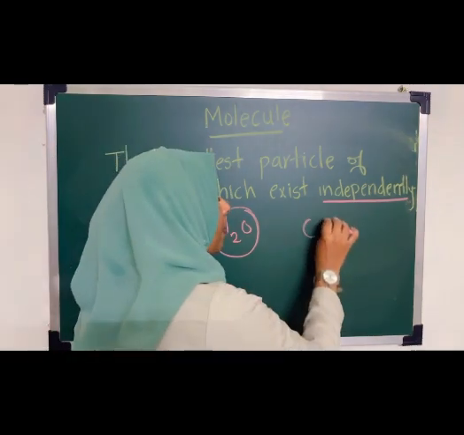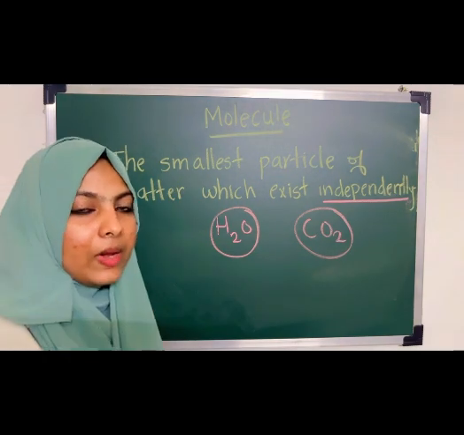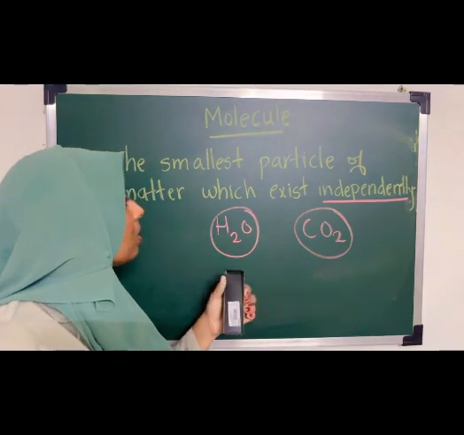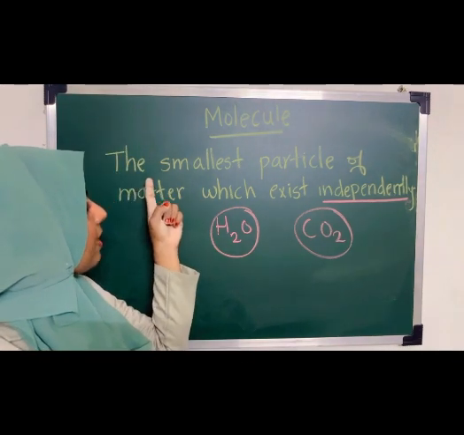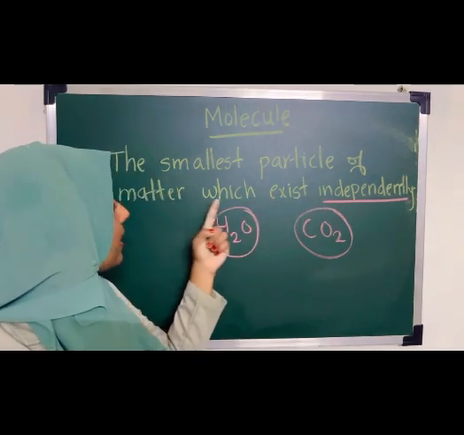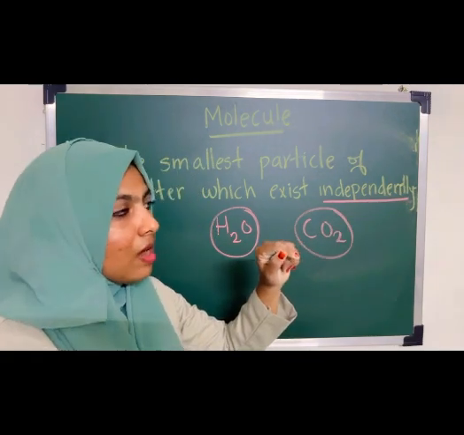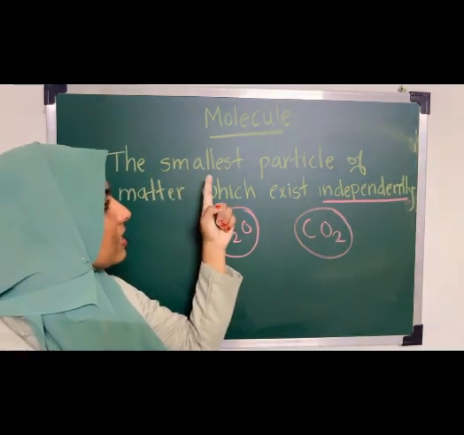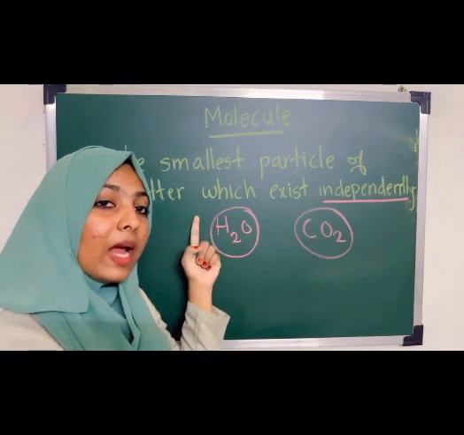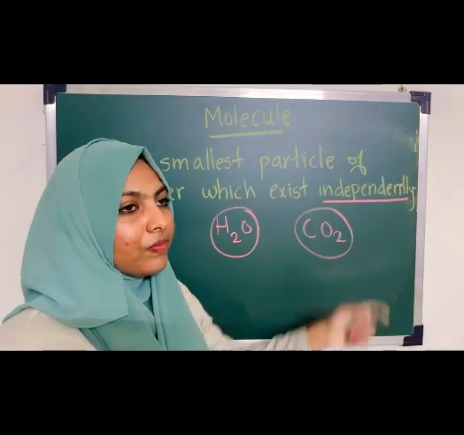If you take a carbon dioxide molecule, it can exist independently. So, only one difference: the atom is the smallest particle of matter which cannot exist independently, while the molecule is the smallest particle of the matter which exists independently.